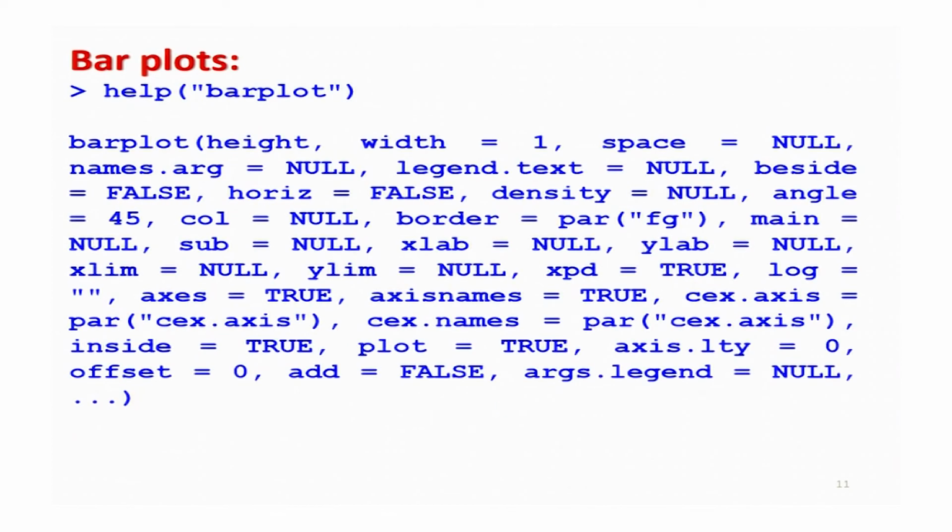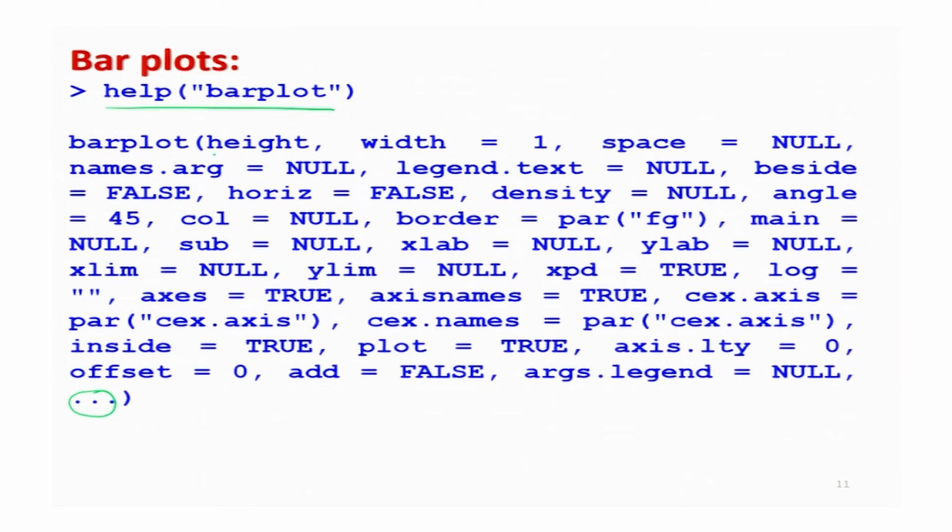Okay, my very sincere request to you all is that, without fail, please look into the help of this barplot. You can see how many things are possible here, and at the end I have also written 3 dots, which means continued.